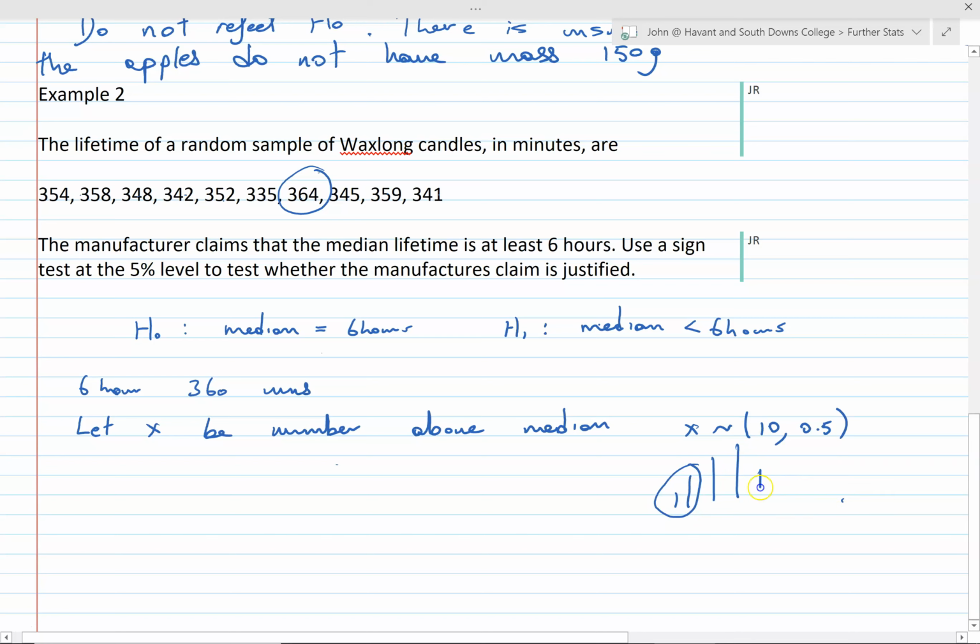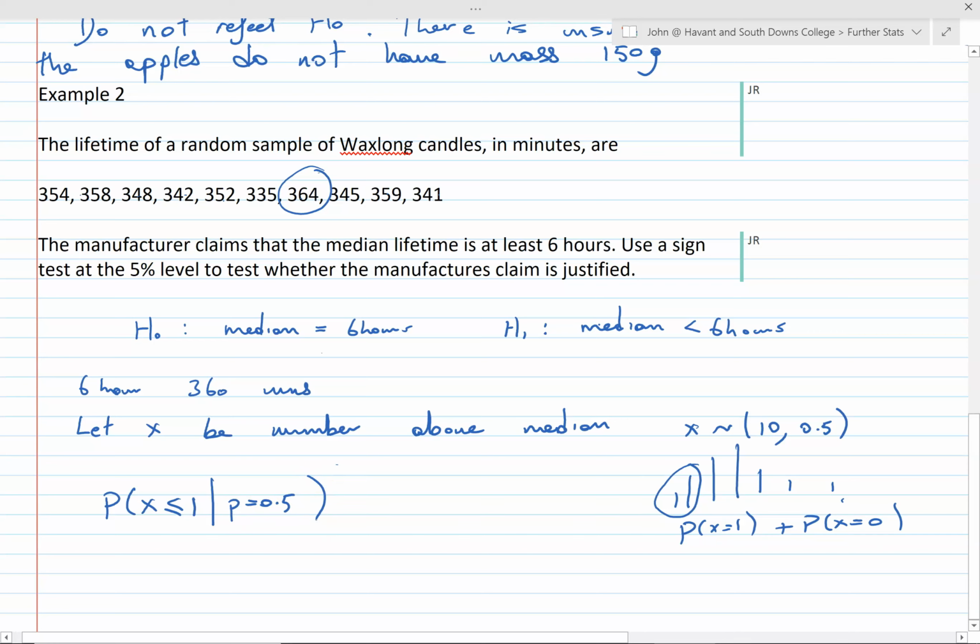We're interested in the probability of getting 1, or something even more unlikely, 0, presuming p is 0.5, that is, presuming the median is 360, or 6 hours. So all we have to do is find the probability that x is less than or equal to 1, given that p equals 0.5, because it's a one-tailed test.